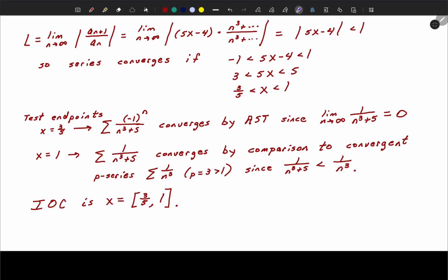If you're smaller than a convergent series, then that's evidence your series also converges. So I can say, well, it converged at 3/5, it converged at 1. In this case, both the left and right hand endpoints are included in this interval of convergence. So we can say the interval of convergence is x in the bracket 3/5 to 1.